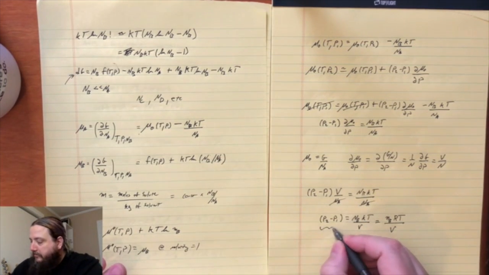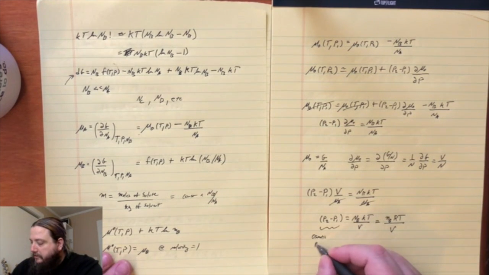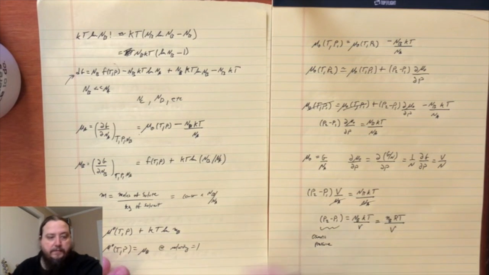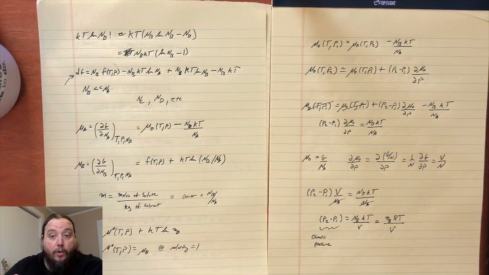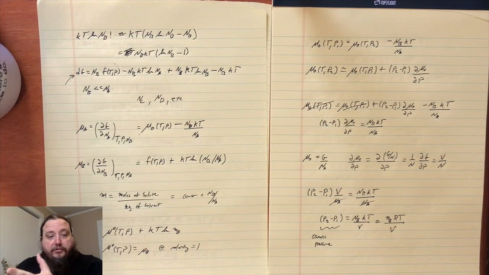We call this the osmotic pressure, and it's the pressure required to stop osmosis, the pressure required in the solution to stop osmosis from happening, to stop it pulling pure solvent across the membrane.